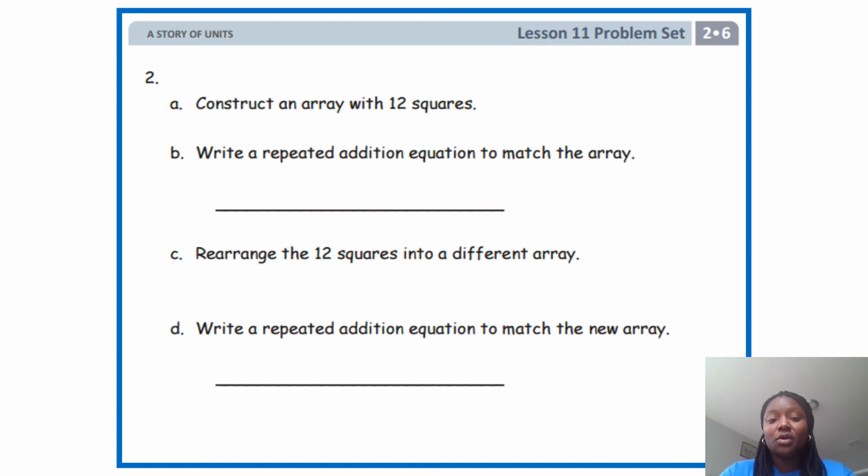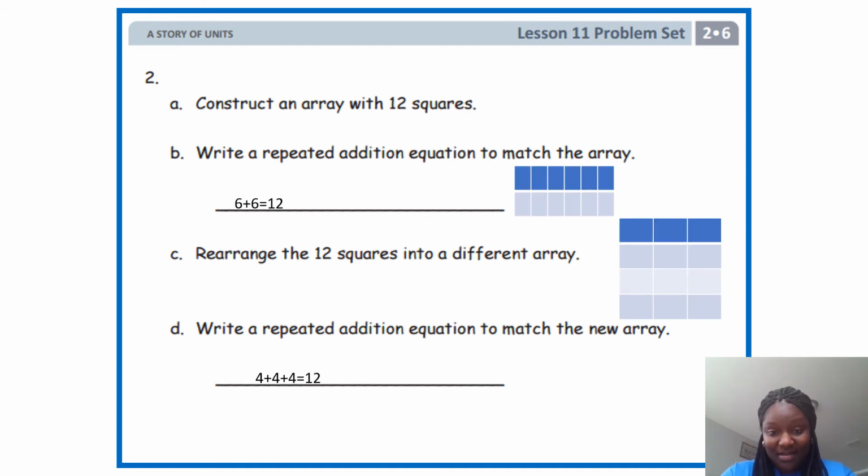Number 2, construct an array with 12 squares. Write a repeated addition equation to match the array. Rearrange the 12 squares into a different array. Write a repeated addition equation to match the new array. Pause, answer A, B, C, and D, and come back.